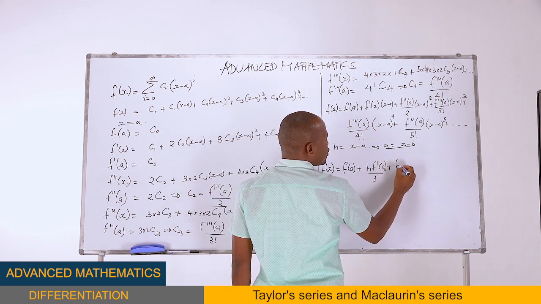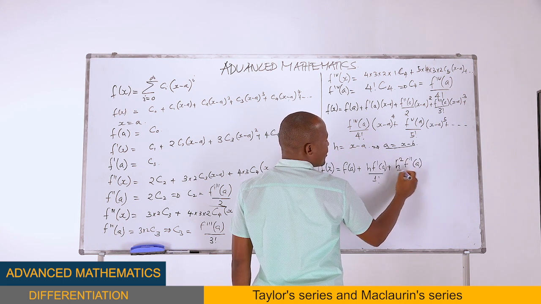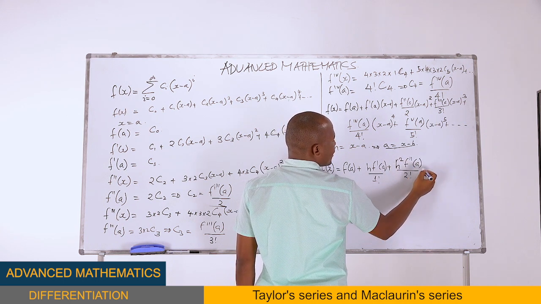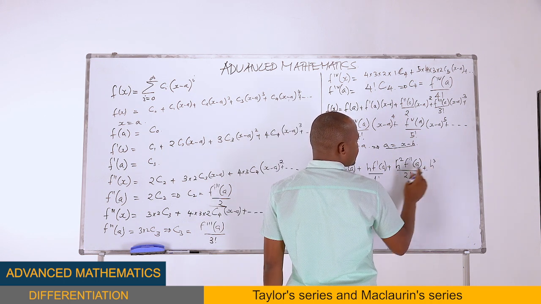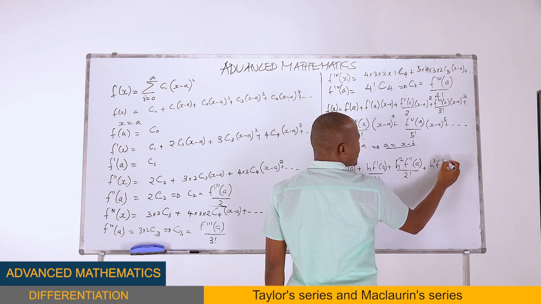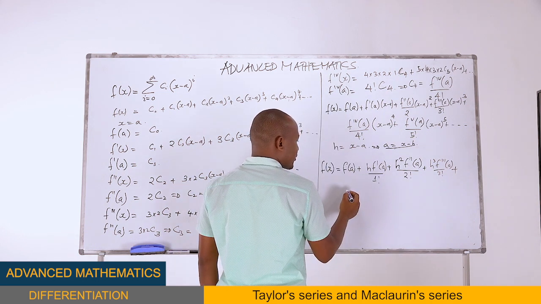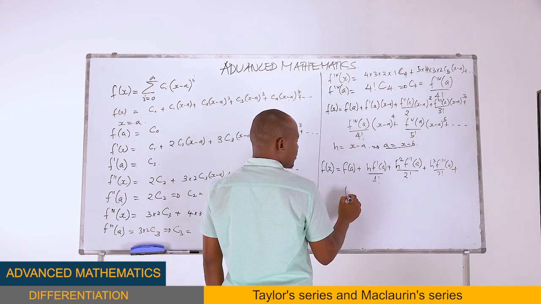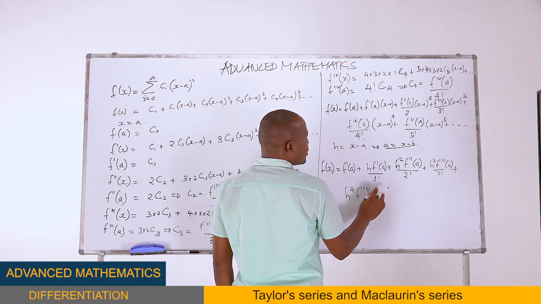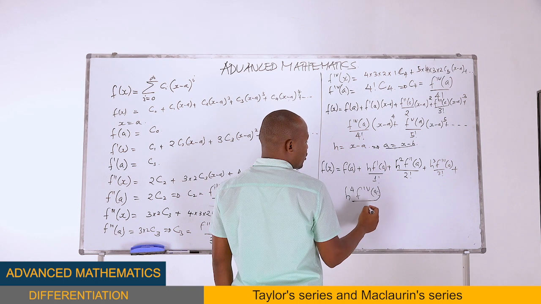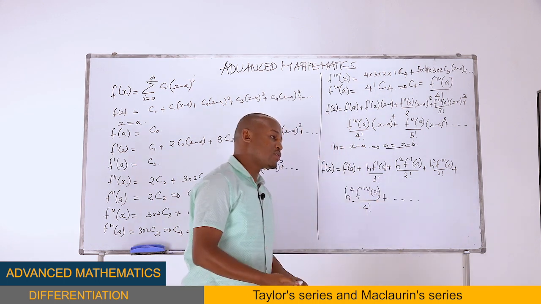Then we have h squared times the second derivative of the function evaluated at a over 2. Then we have h raised to 3 times f triple dash of a over 3 factorial, plus h raised to 4 times the fourth derivative of a over 4 factorial, and so forth.